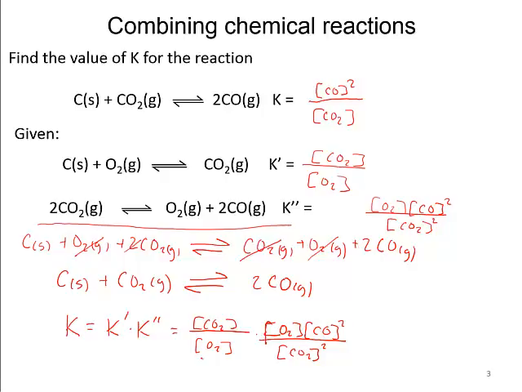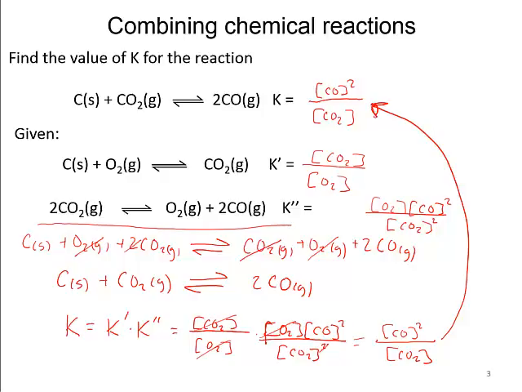There is an O2 in the denominator of an expression and an O2 in the numerator, and there are two CO2s, one in the numerator and one in the denominator, and I get to cancel one of them. That leaves us with the equilibrium expression CO squared over CO2, which is exactly what the summed reaction equilibrium constant is.